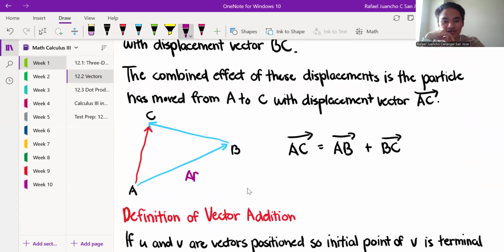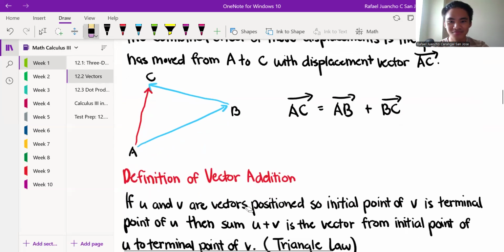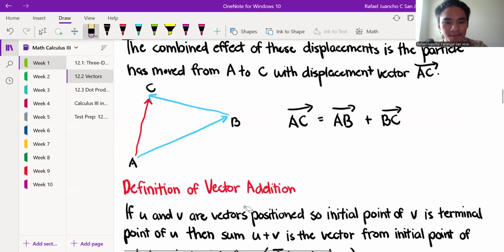So this thing AB, BC, AC. And it's logical, right? Because we're talking about displacement in this case.